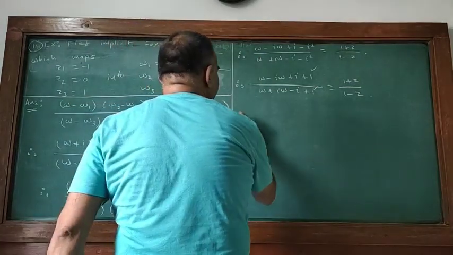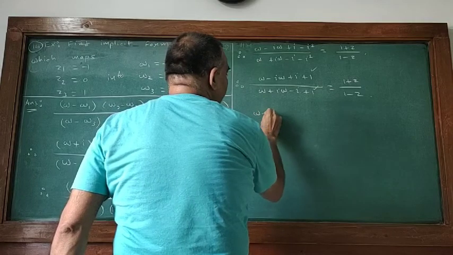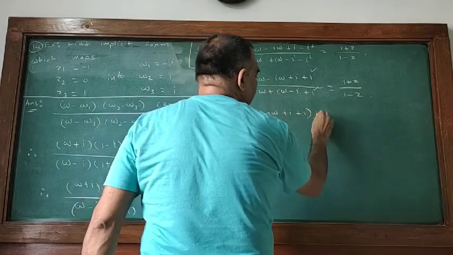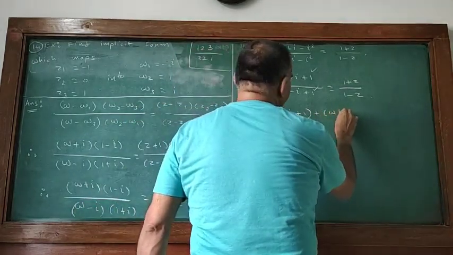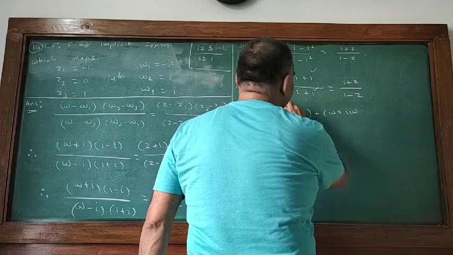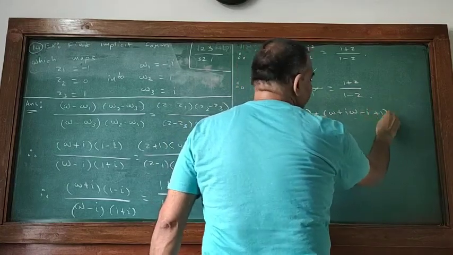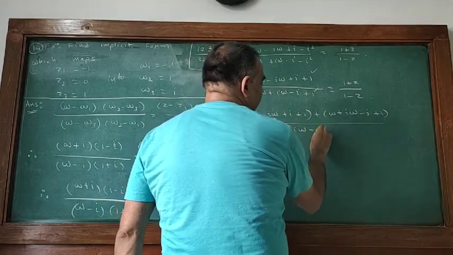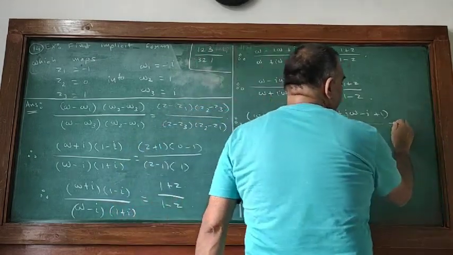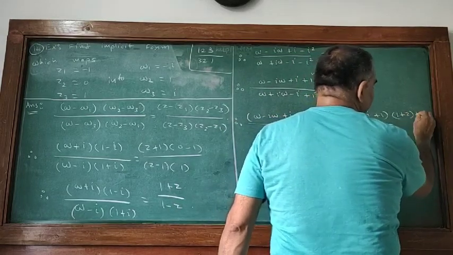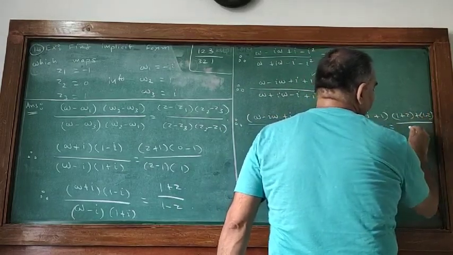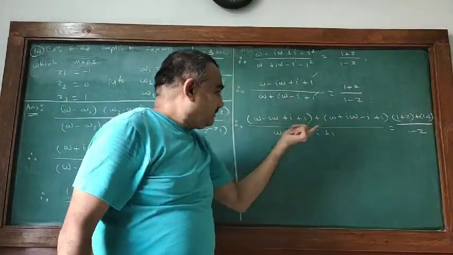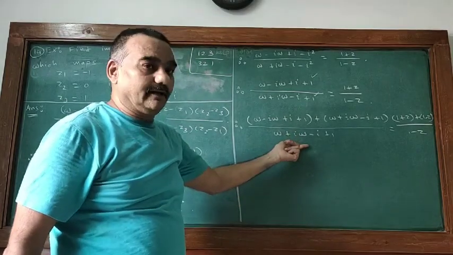Therefore, (omega minus I omega plus I plus 1 plus omega plus I omega minus I plus 1) upon (omega minus I omega plus I plus 1 minus omega minus I omega plus I plus 1) is equal to (1 plus z plus 1 minus z) upon (1 plus z minus 1 plus z).